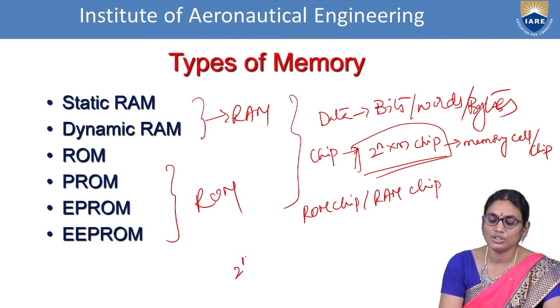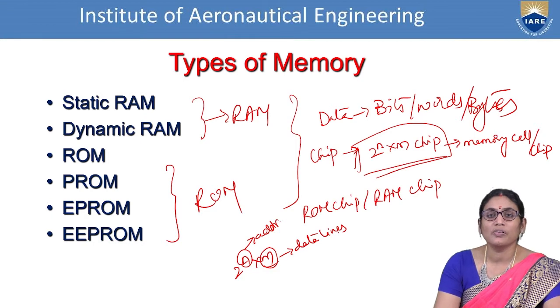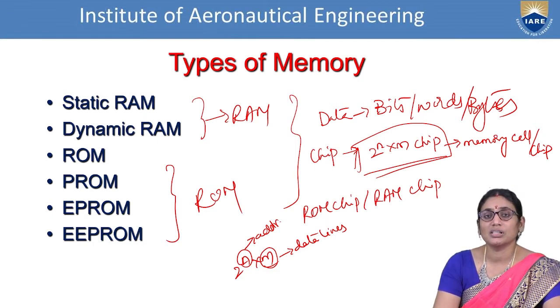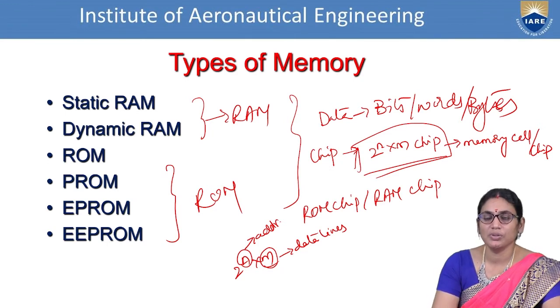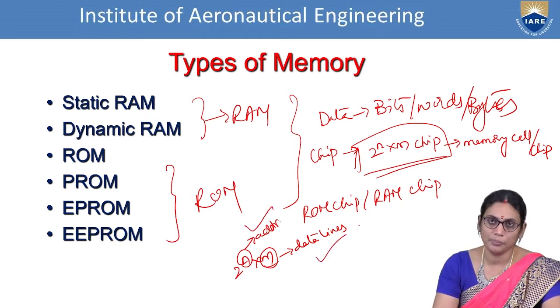Now, what is this 2 power n into m? 2 power n represents the address lines and m represents the data lines. Why do we call them address and data lines? Because it is a chip, and a chip is again a combinational circuit. When you talk about a combinational circuit, it needs to have input and output. In order to represent that, we define address pins and data pins.